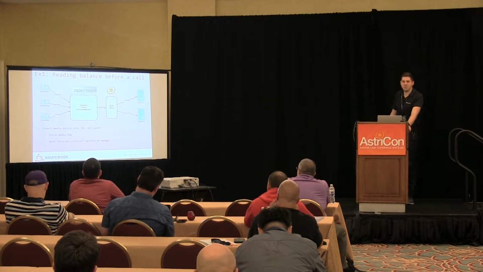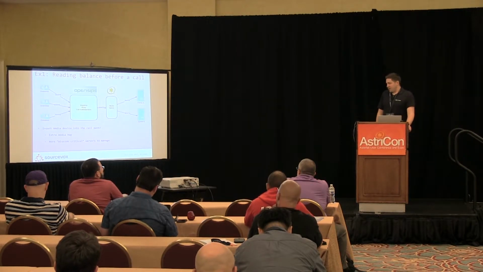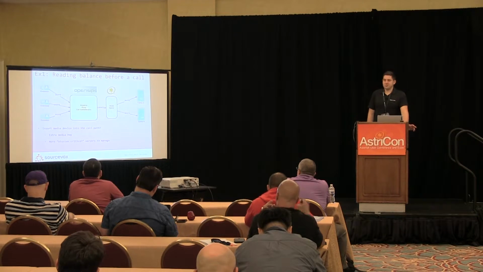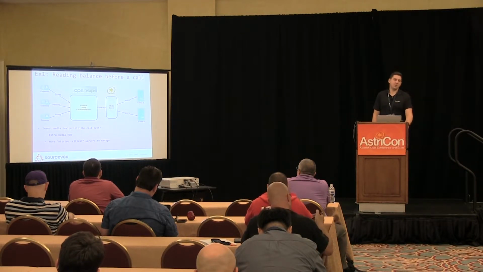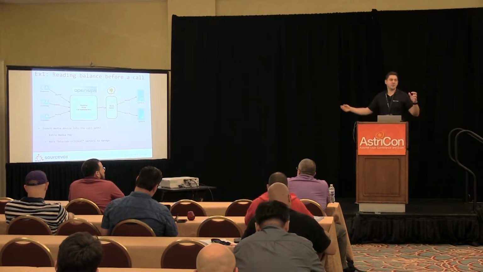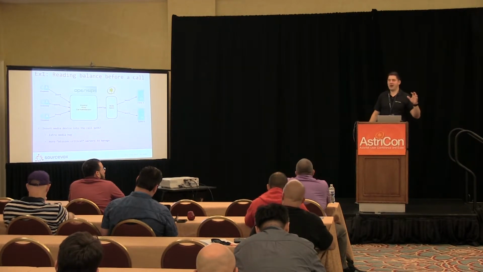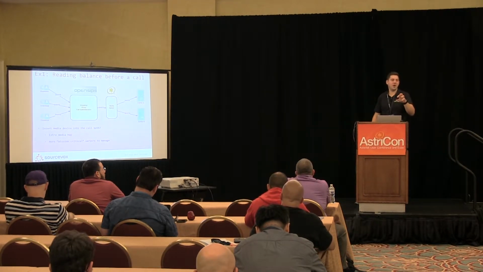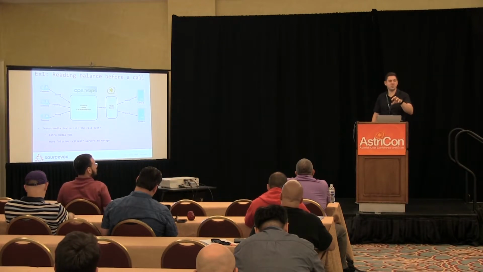But it introduces problems because you've now got an extra media hop. You may have some efficient routing in place so that you're taking a call from Asia to Europe, and you're making sure that the hop for the media is in the most efficient location.